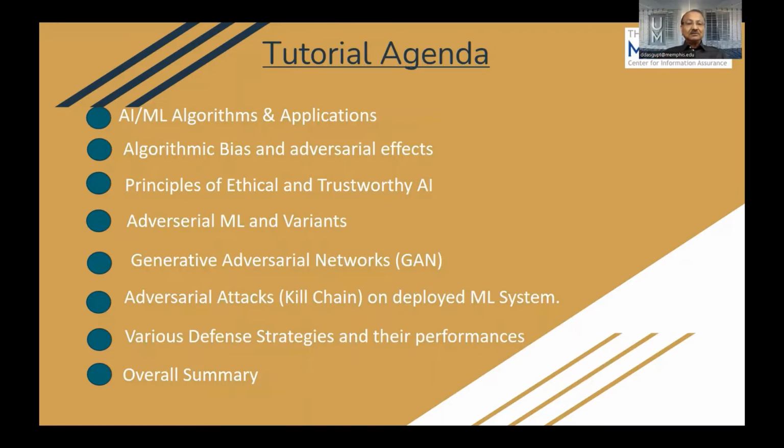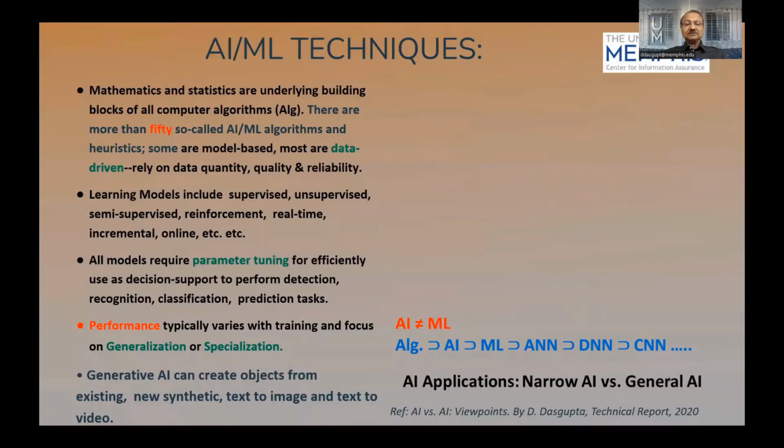Next, the presenter will talk about adversarial ML and its variants, then generative adversarial networks. Dr. Kishore Dattagupta will talk about the adversarial supply chain and deployed ML systems. Then he'll go at length on defense strategies.